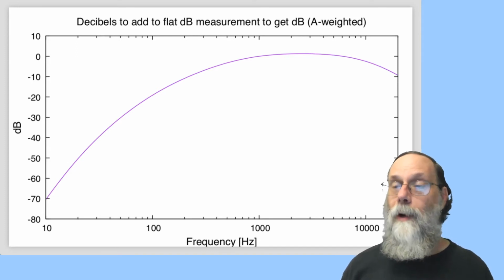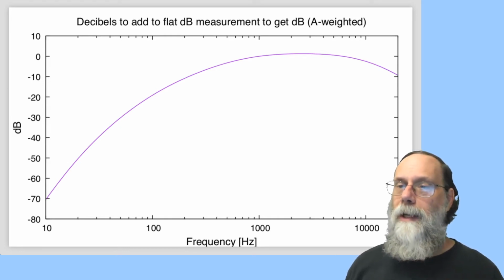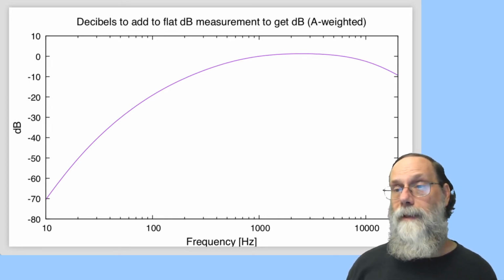So there's no adjustment at 1 kilohertz. As we get to lower and lower frequencies, human hearing gets much less sensitive, and so the A weighting gives you a larger and larger negative amount.